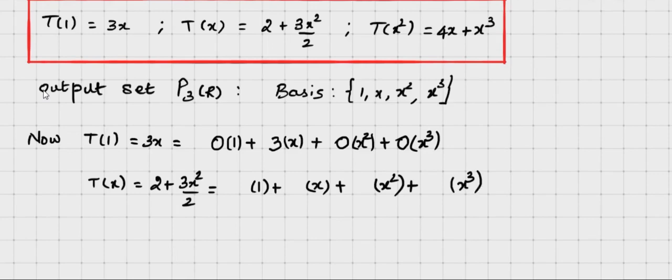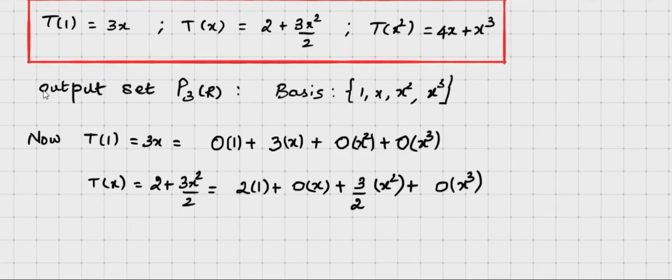Now our aim is to fill the coefficients. See, here I am having 2, so 2 into 1 will become 2. There are no x terms on the left hand side, so I am putting the coefficient of x as 0. Here the coefficient of x square is 3 by 2, so I am putting 3 by 2 here. There is no x cube term on the left hand side, so I am putting 0 right away.